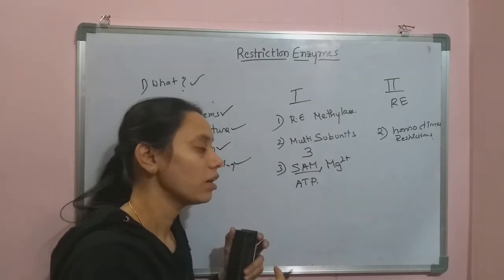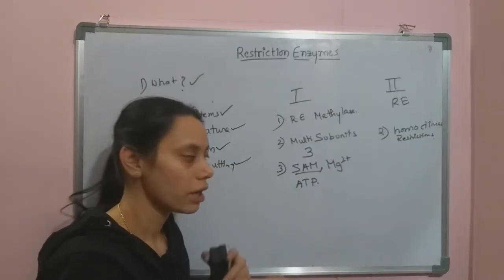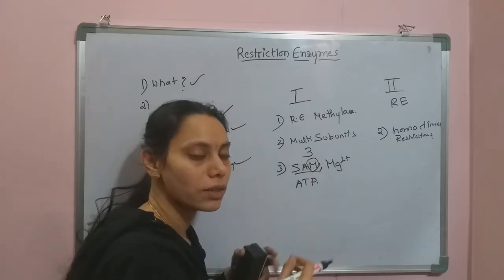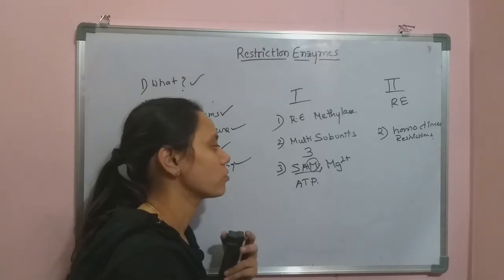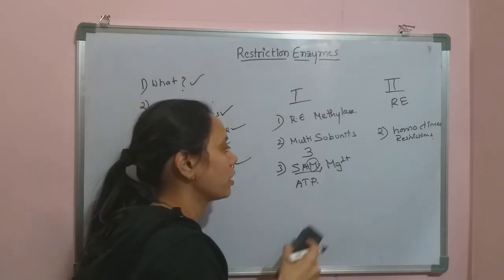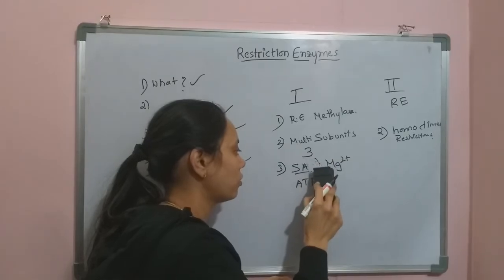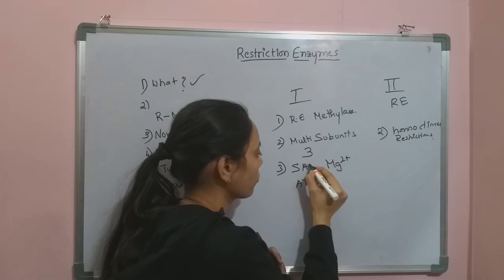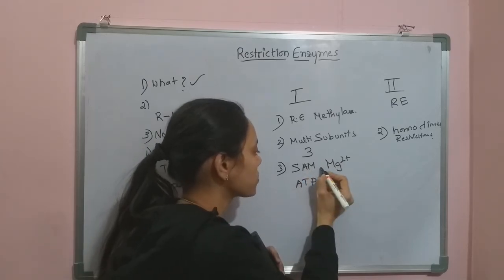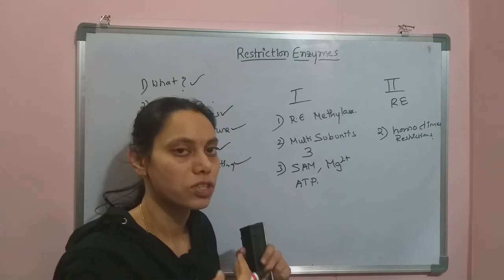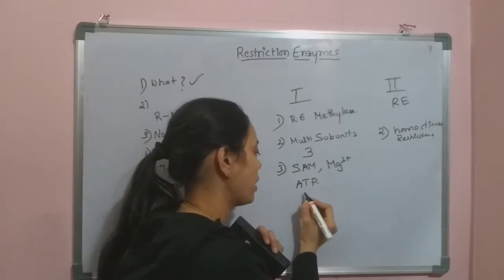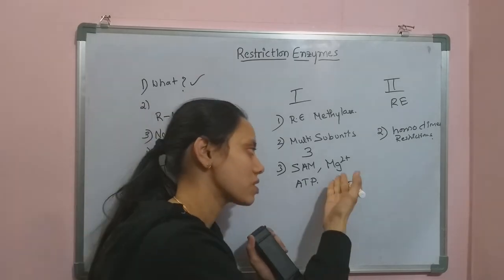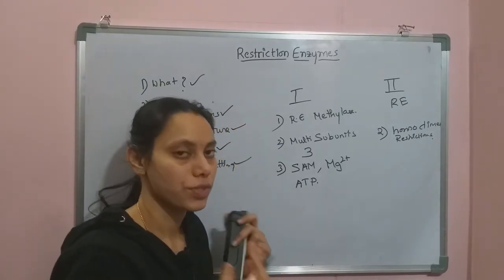This SAM is the major donor for the methyl group, as it has a methyl group in it. This cofactor donates the methyl group to the DNA. Because of the presence of SAM, the type 1 restriction enzymes are able to donate methyl groups, or shortly they act as restriction methylases. ATP is the donor of the energy, as we already discussed, and Mg2+ is the cofactor for restriction digestion.